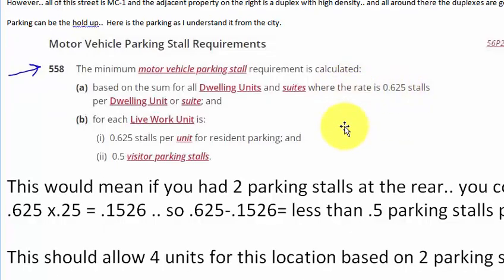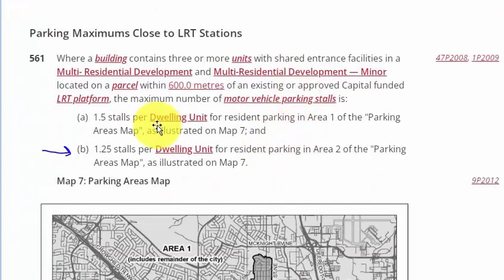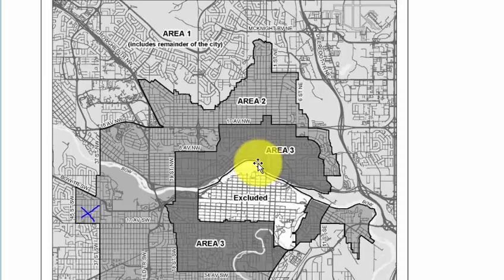Right? Now, also, the issue here is that it changes, because what they've said here is that any properties close to the LRT station improves by 1.25% on the LRT in Area 2. And when we look at Area 2, it shows that we're within Area 2, because this area is north of 17th and it is east of 45th.